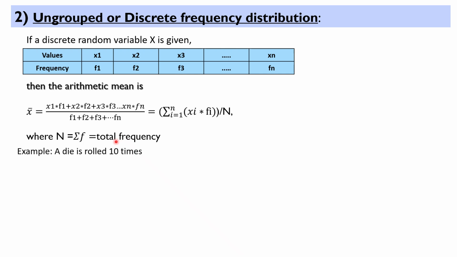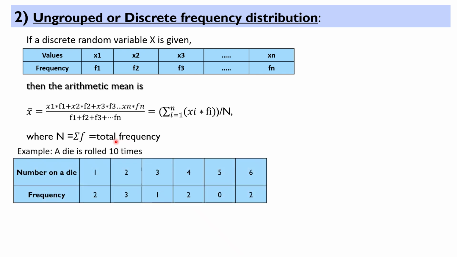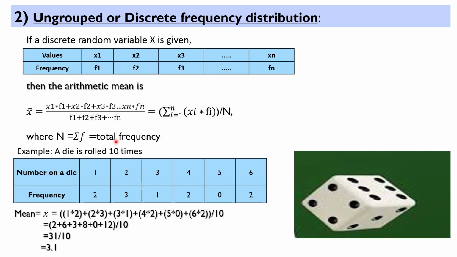For example, if a die is rolled 10 times, then the mean will be calculated as 1 into 2 plus 2 into 3 plus 3 into 1 plus 4 into 2 plus 5 into 0 plus 6 into 2, which comes out to be 31. That divided by capital N, which is 10, gives the value 3.1, which is the mean of the given data set.